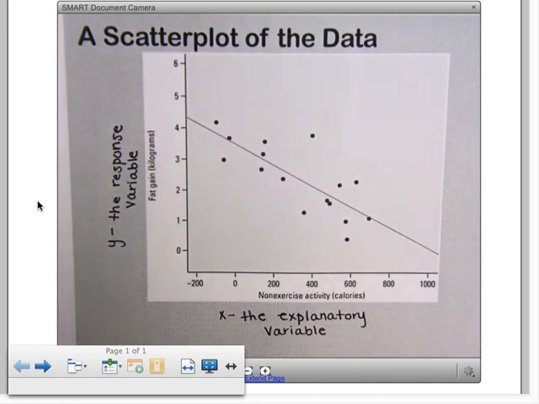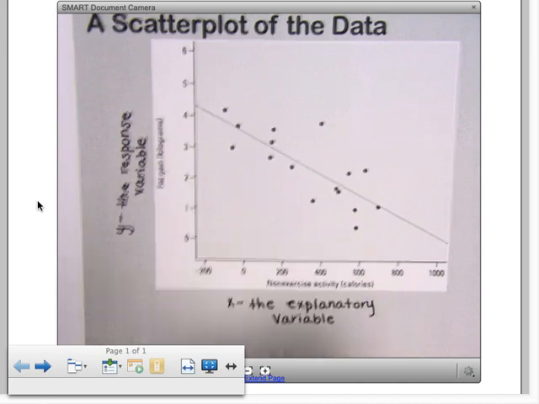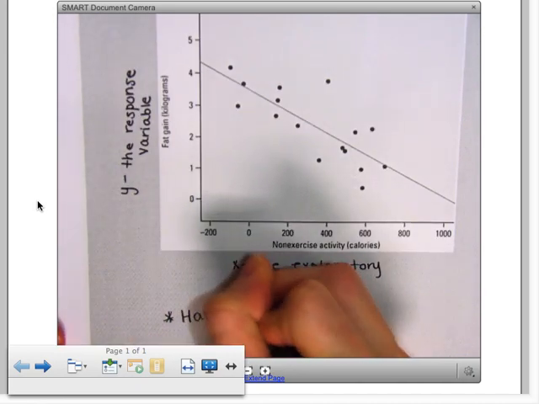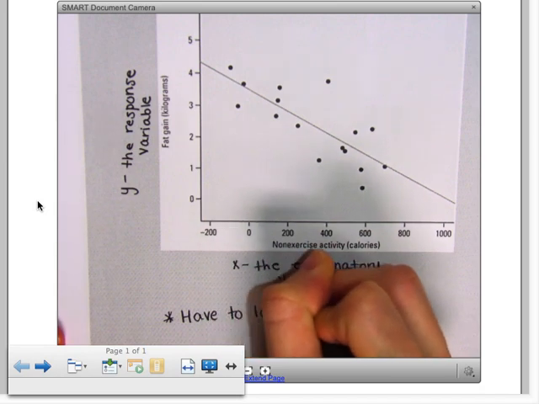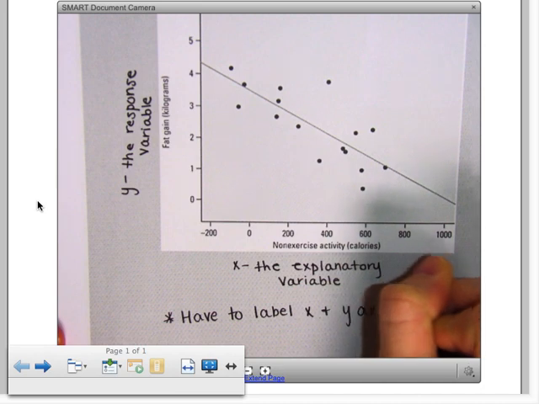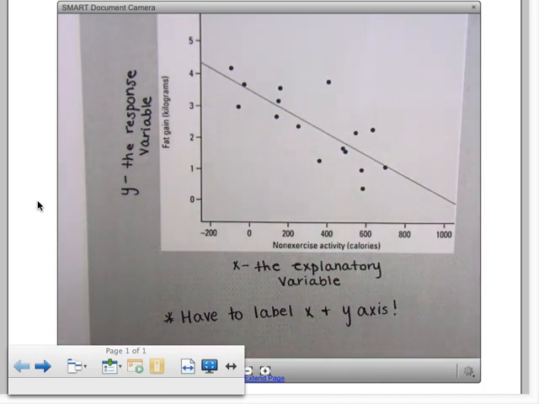Okay, so in the problems that we do, anytime you do a scatter plot, you have to label the x and y axis. And in all the examples we do, they will tell you what the x variable is and the y variable, so it'll be pretty easy to label each one.